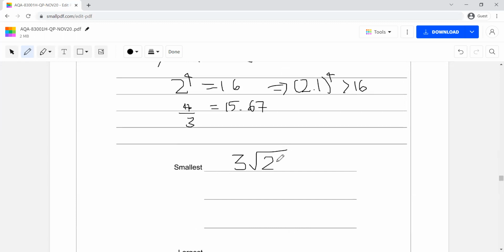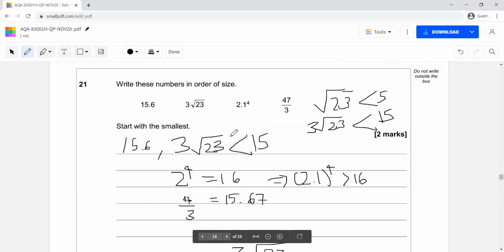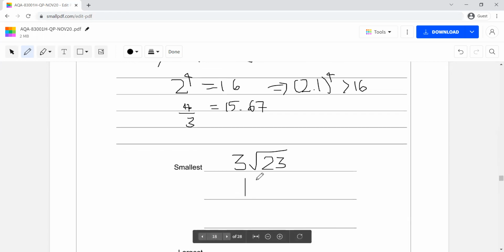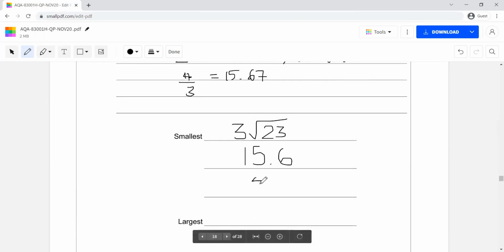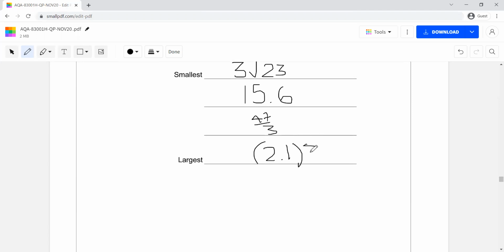First, we have 3 root 23. Then we'll have 15.6. Then we'll have 47 over 3. And the largest number is 2.1 to the power of 4.